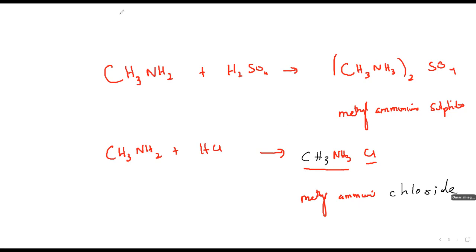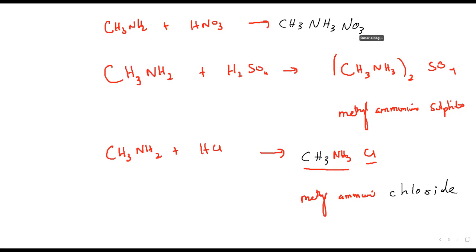If I say another thing, I have methylamine and it is reacting with nitric acid, HNO3. What will be the product? Nitrate is -1. So it will be CH3NH3NO3, nitrate. And what is the name of this salt?